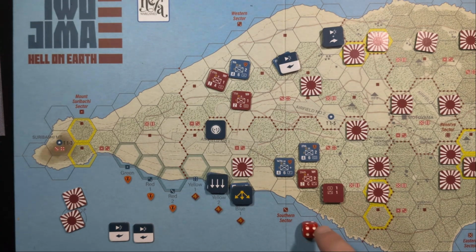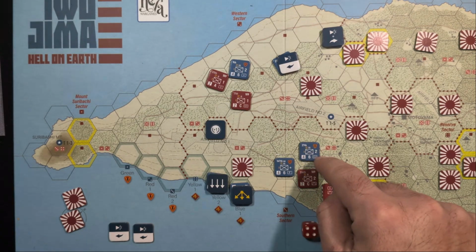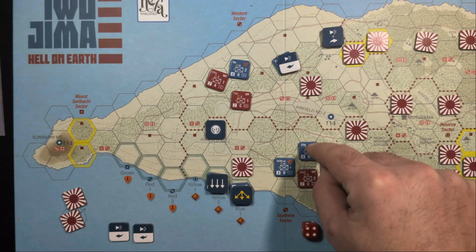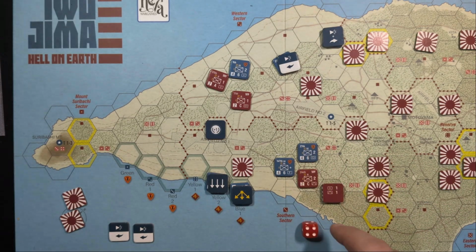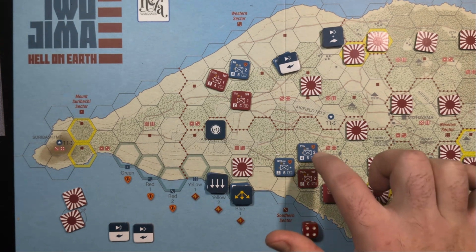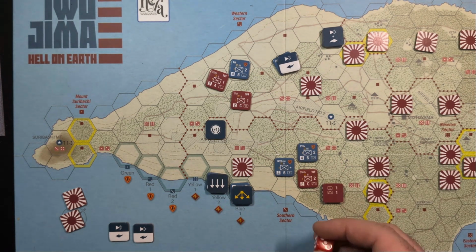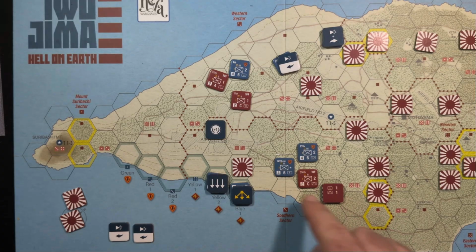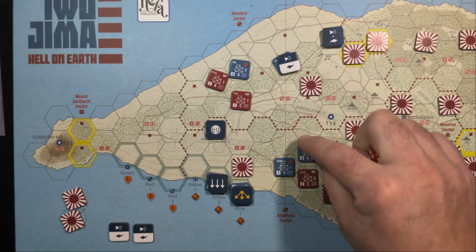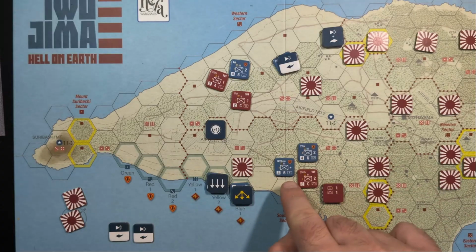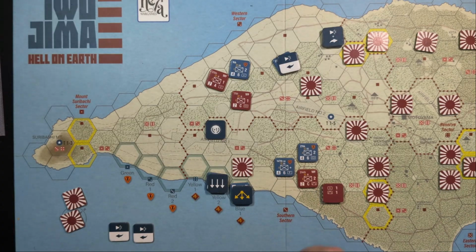If the result is equal or less than the sum of the anti-tank values, the US tank combat support will be neutralized, so you cannot use it for this assault. In this case, the Japanese rolls a 4, so you are good, you can use it. But if he rolls a 1, 2 or 3, because the total is 3, you cannot use the combat support from that unit, and you will be attacking only with the support of flamethrowers.